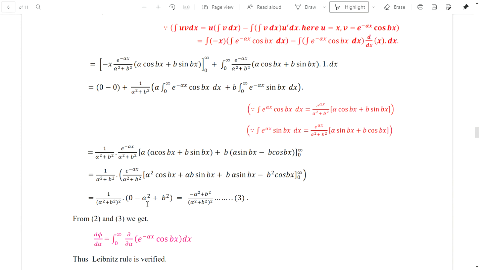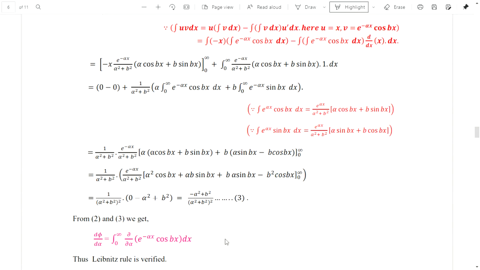So minus alpha squared plus b squared, that is equal to minus alpha squared plus b squared divided by alpha squared plus b squared whole squared. Sorry, here I said this term gets cancelled. Both are positive, so it won't get cancelled. So we will be getting RHS as minus alpha squared plus b squared divided by alpha squared plus b squared whole square.